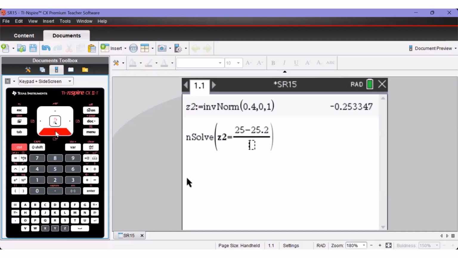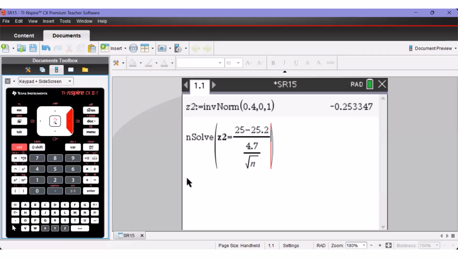Navigation pad down to the denominator. And we need another fraction here. So control divided by. Enter 4.7. Navigation pad down. Control X squared. And here we'll type in n. Then navigation pad to the right once, twice, 3 times.